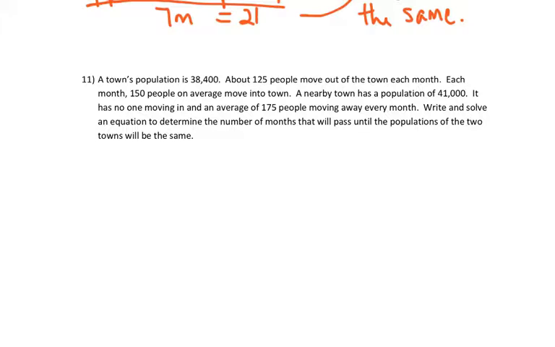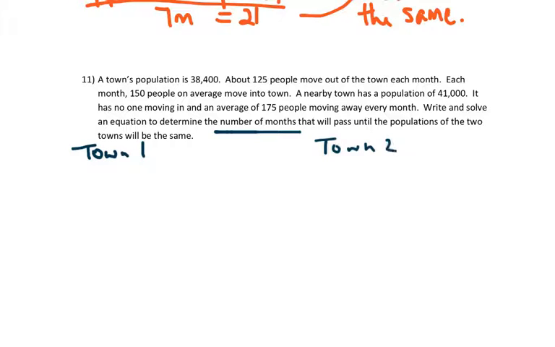Write and solve an equation to determine the number of months that will pass until the populations of the two towns will be the same. So number of months is what we're looking for. So we know that m should be our variable. We want to know when the two towns' populations are the same. So I'll say town 1 and town 2.